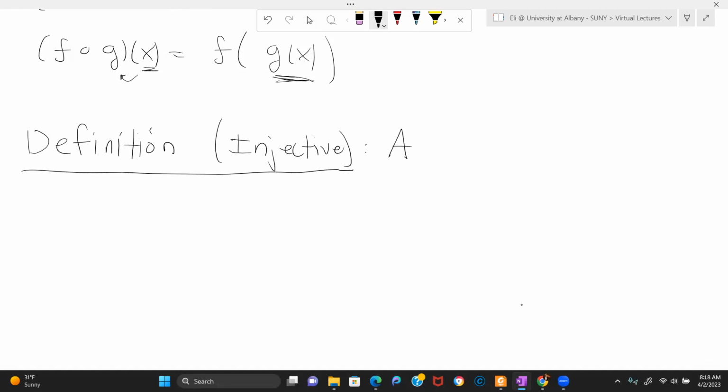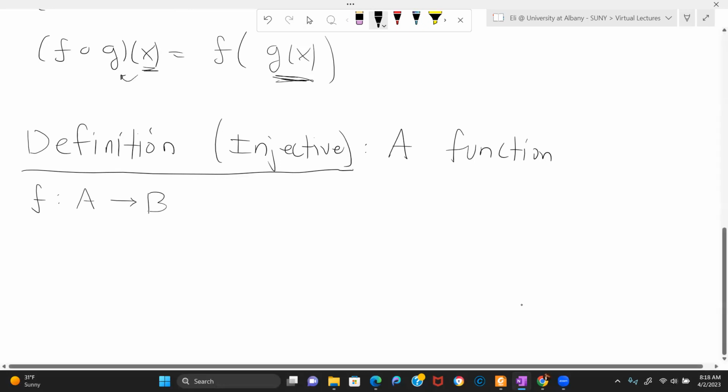So a function, say f from A to B, and again, we're always going to take A and B to be sets of real numbers. So you can think of this as a function from R to R if you'd like.